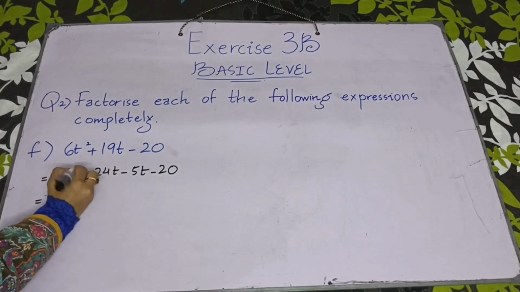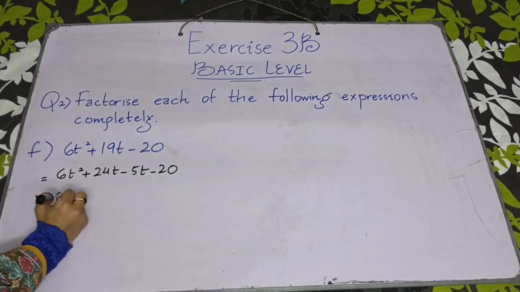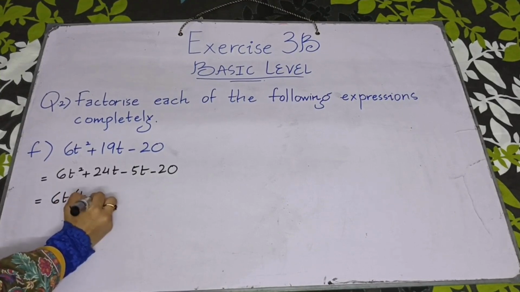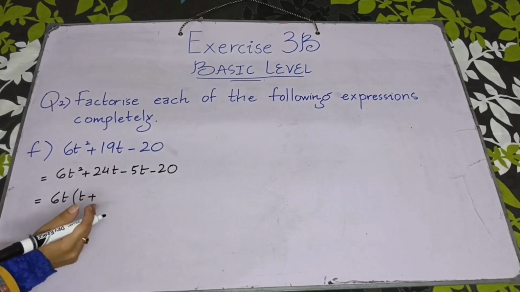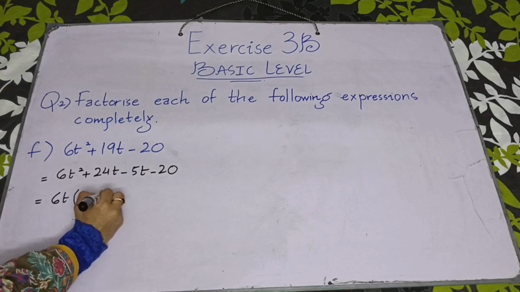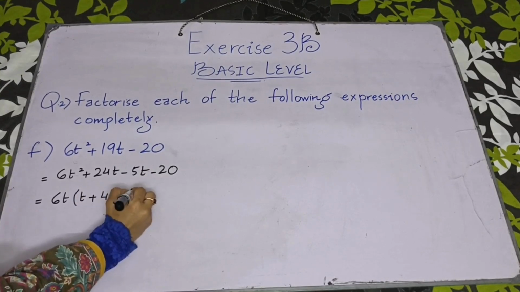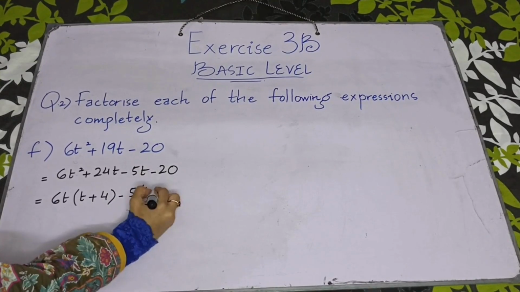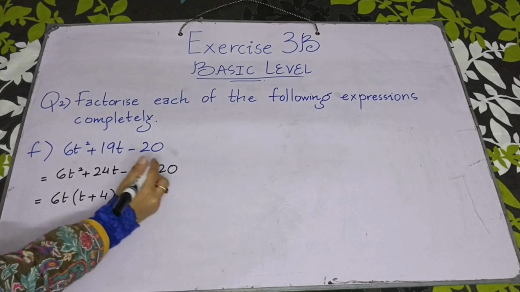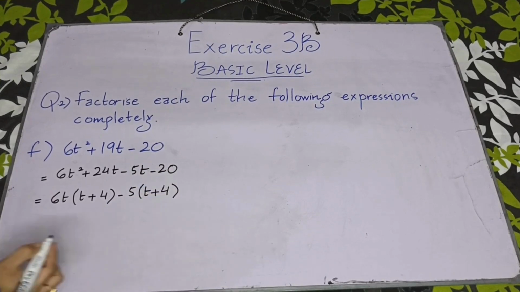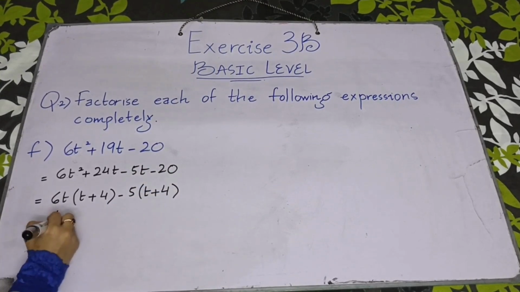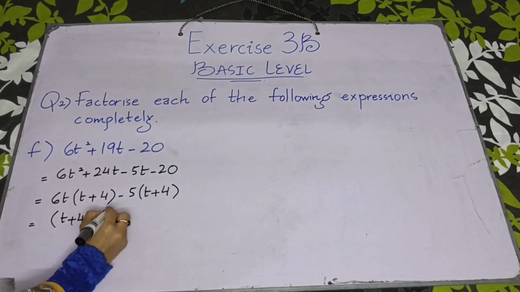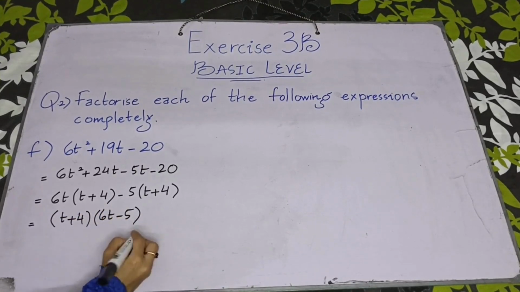So 6t will be common. What will remain inside? Plus, in the 6 times table, 24 comes 4 times. Minus 5 will be common. T, again if I write minus, then it will become plus, so plus minus plus minus. See, the brackets are the same. T plus 4, 6t minus 5.